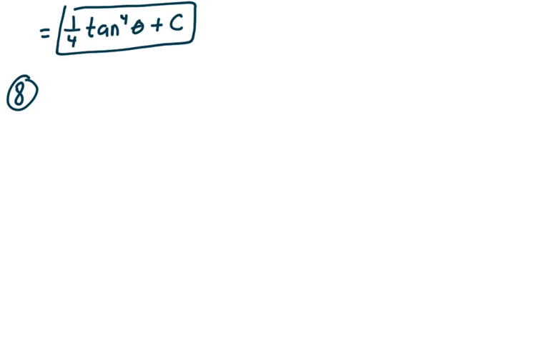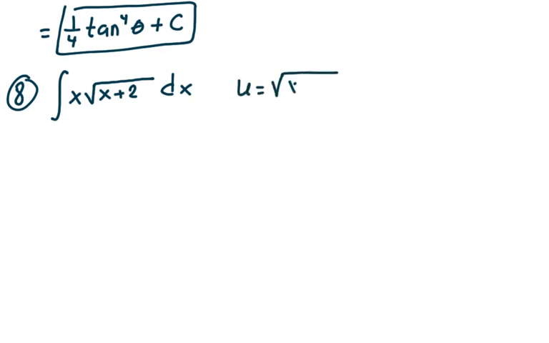On problem number 8, we got the following. I want to go over this one. X times the square root of x plus 2 dx. And this is something I like to teach my Calculus 2 students. If at all possible, try to get rid of the radical. Okay? And so what I'm going to do is let u equal the square root of x plus 2.